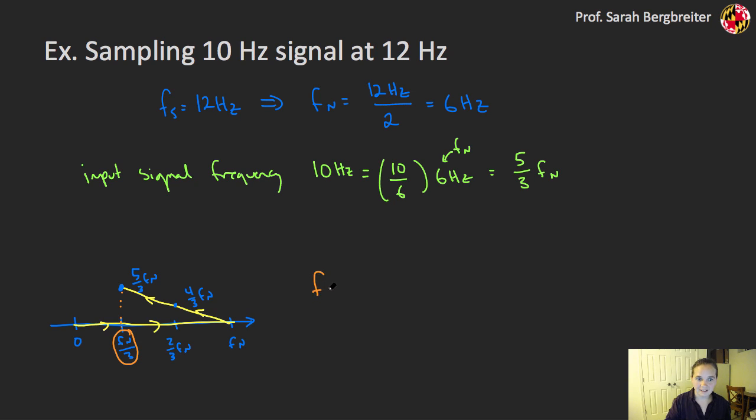So my alias signal from this folding diagram is going to be Fn over 3. My Nyquist frequency is 6 hertz up here, so 6 hertz divided by 3 is 2 hertz, which makes sense. That's what we actually saw when I sampled my 10 hertz signal at 12 hertz. I saw this aliased frequency at 2 hertz.